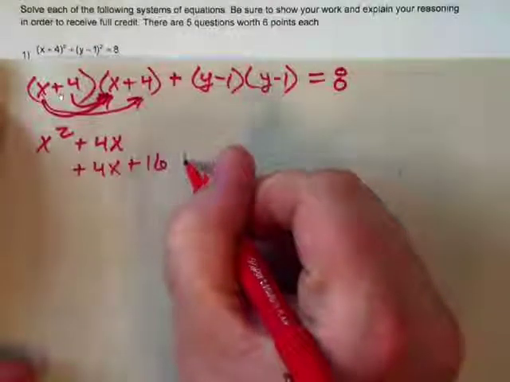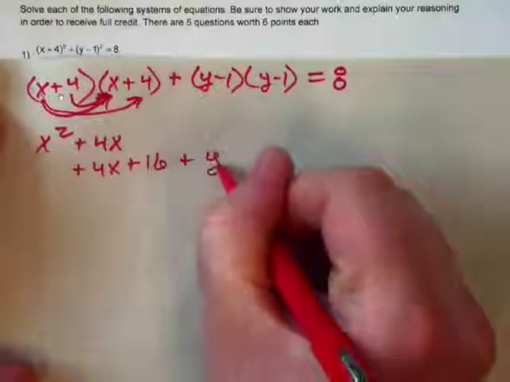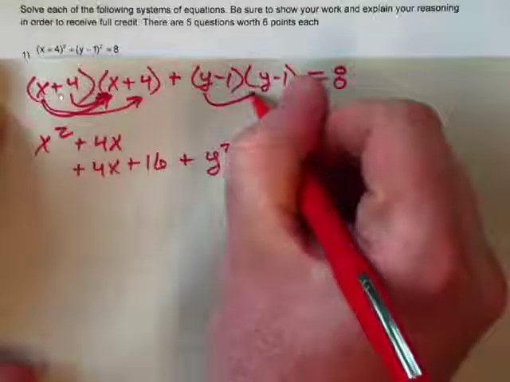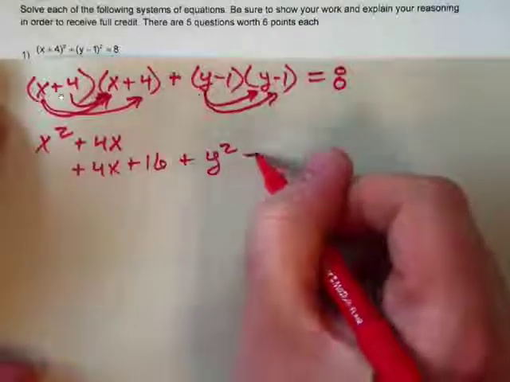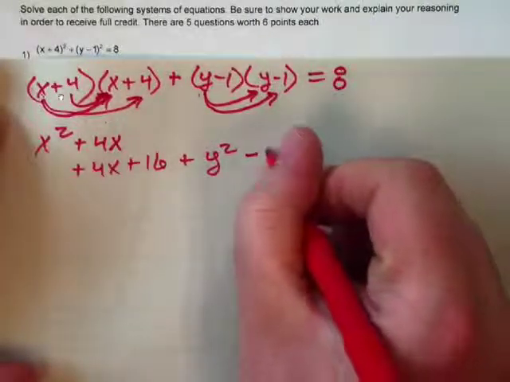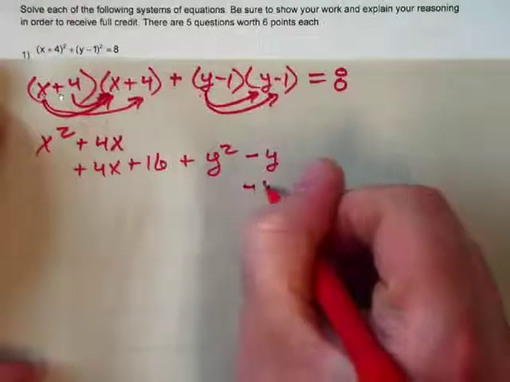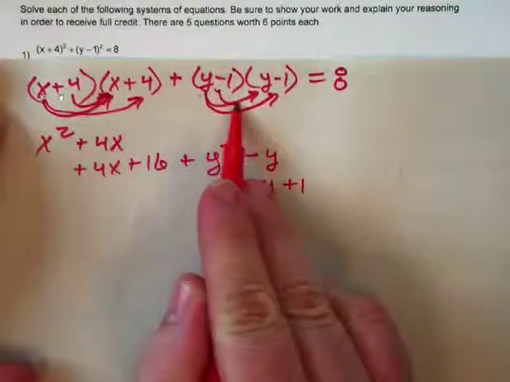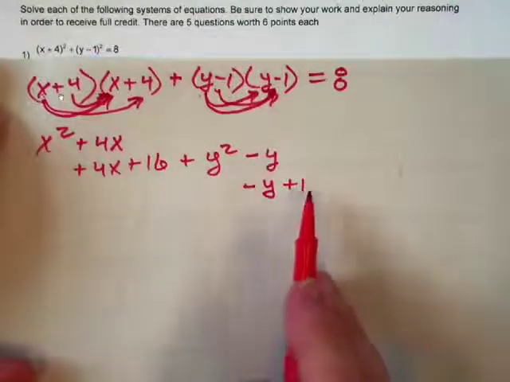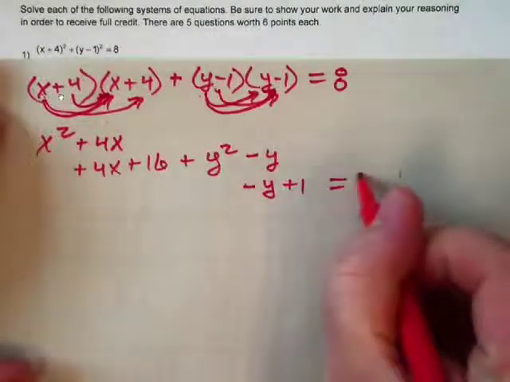Then we have plus y squared. Now we're FOILing this one: minus y minus y plus 1, because negative 1 times negative 1 is a positive 1. All of that equals 8.